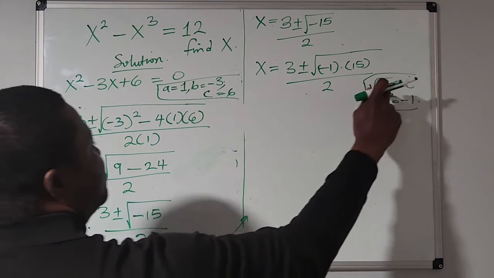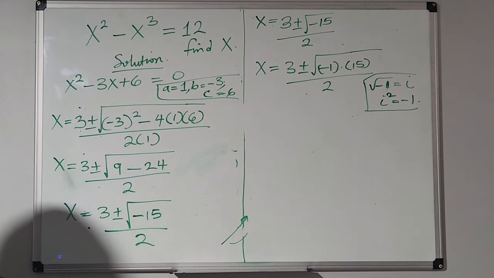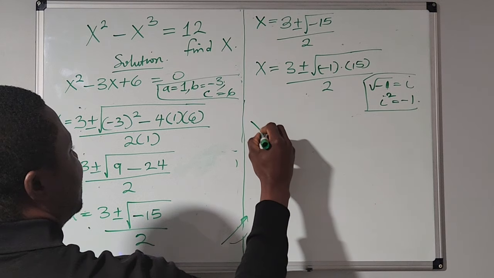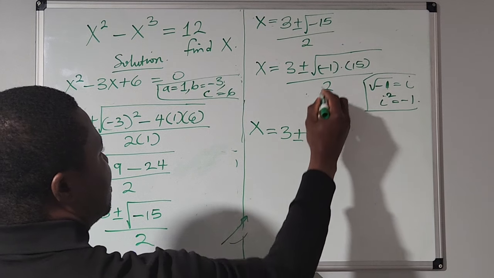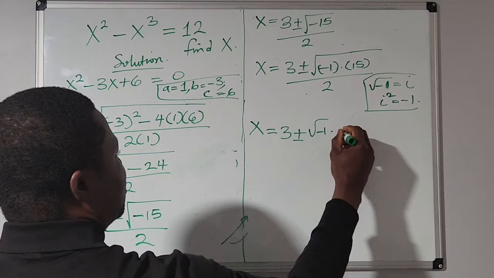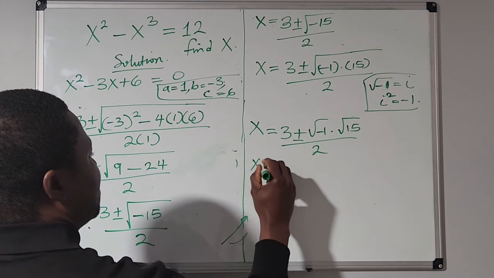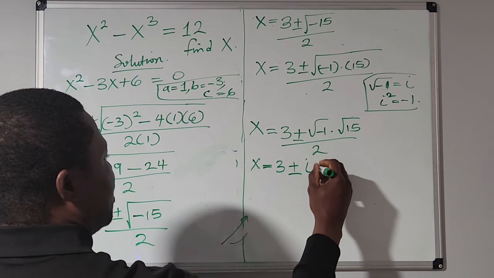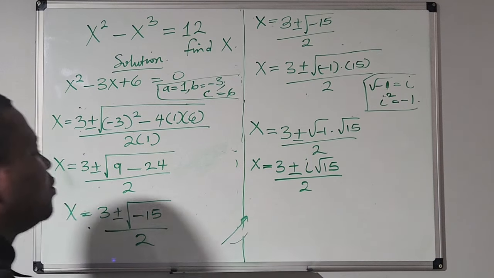Right? So now we have our x: 3 plus or minus square root of minus 1, square root of 15, divided by 2. Our x is equal to 3 plus or minus i root 15 divided by 2.